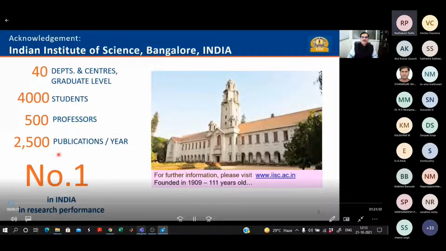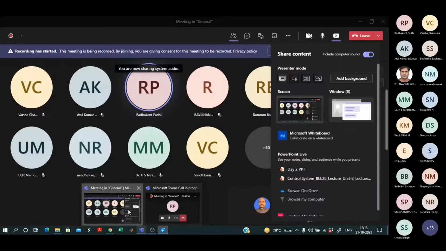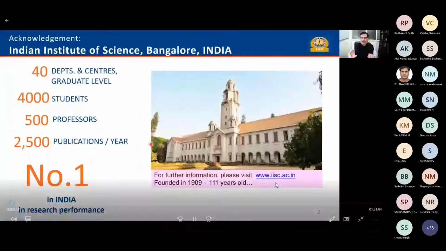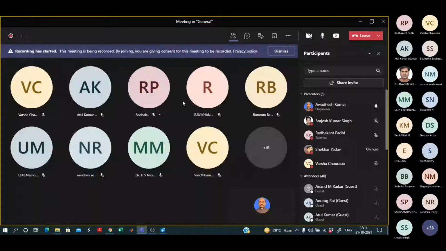We've got 40 departments and centers, 4,000 students, 500 professors, and 2,500 publications per year. IISc is number one in India in research performance. So this is a nutshell of the institute where I work. More on that you can see on the institute website.